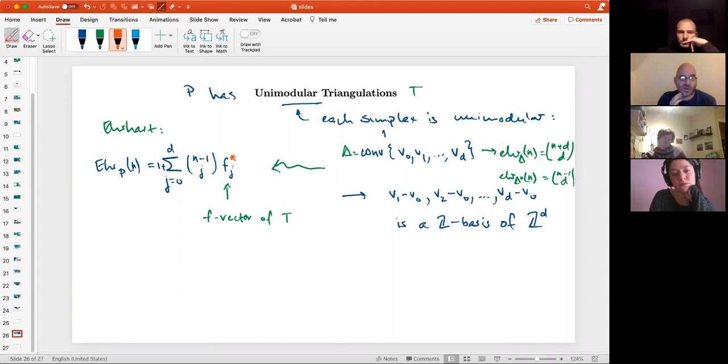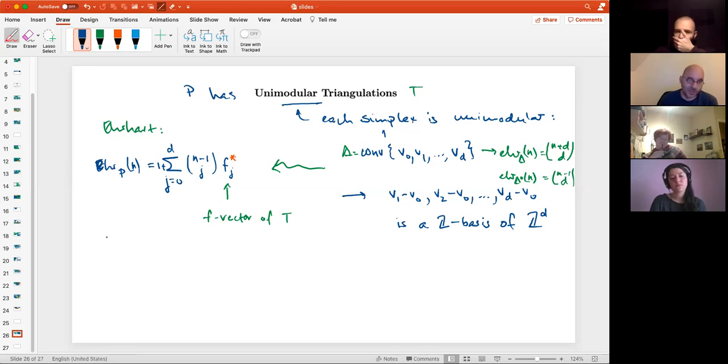And so what you can see now is my f star coefficients, the coefficients for the Ehrhart polynomial. This looks like an Ehrhart series, the way I defined things yesterday. For the Ehrhart polynomial, these f star coefficients, if you have a unimodular triangulation, are just the f vector of the triangulation.